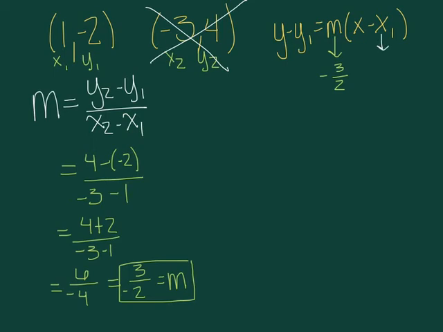Then I can plug in this other information. Here's our x1, which we can see right here is a positive 1. And we have our y1 value, which we can see is a negative 2. So let's write everything else in. We have y minus y1 equals m times x minus x1.